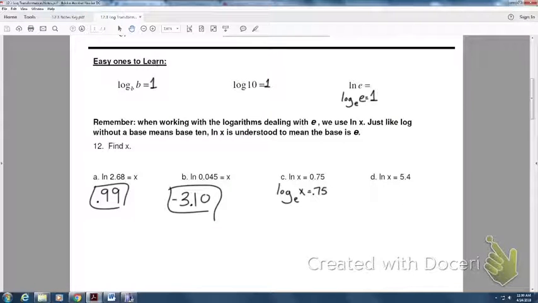The e. So I've got e to the power of, equals, and so now you just have to put that in. How do I put e into the calculator? Second divide. So do that, figure out what that is, and then go ahead and do D as well.